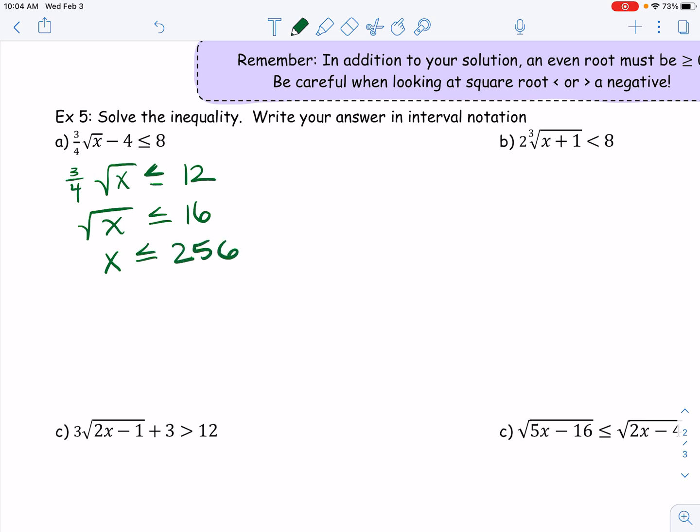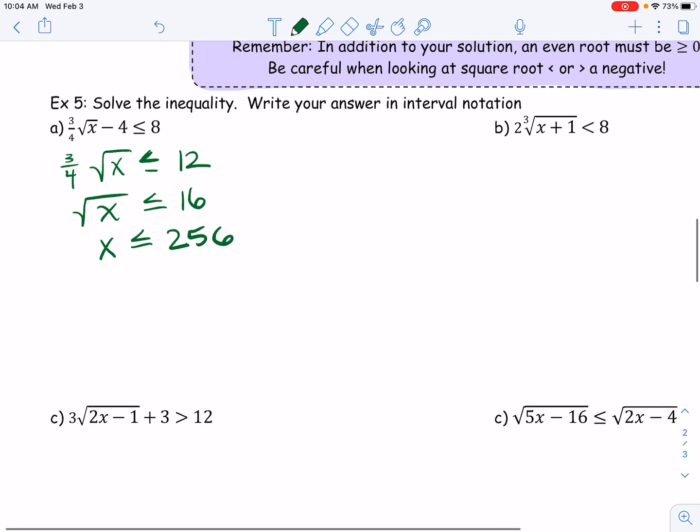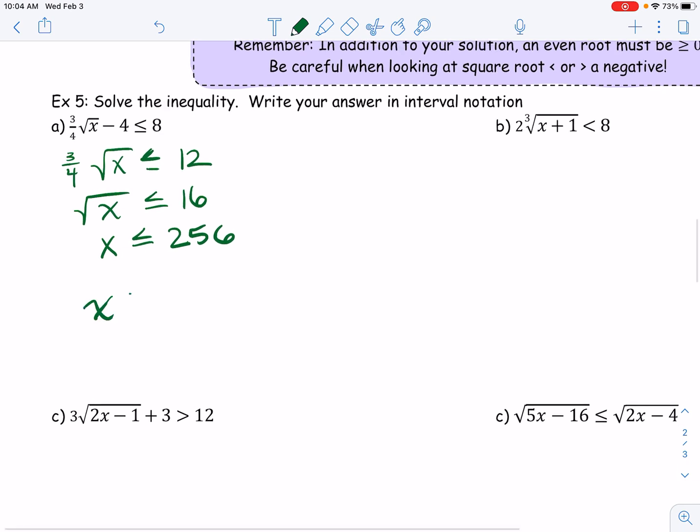Okay. What I also need to take into consideration is because I have a square root, what is inside or underneath that square root must be positive. It must be greater than or equal to 0. So that x also needs to be greater than or equal to 0.